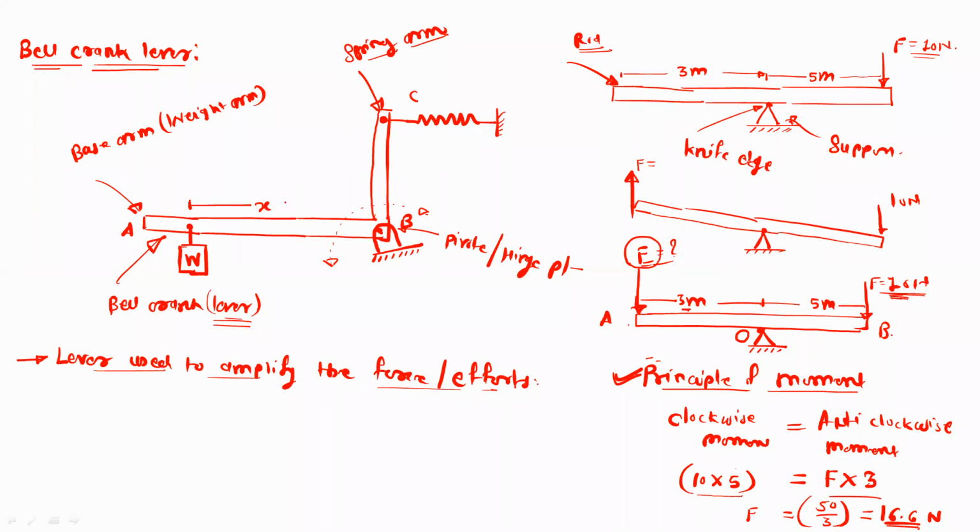Suppose this distance with respect to the pivot point is X, and the distance of the C point is Y with respect to the same point B. So for this bell crank lever, the equation for the principle of moment will be: the clockwise moment must be equal to the anti-clockwise moment.